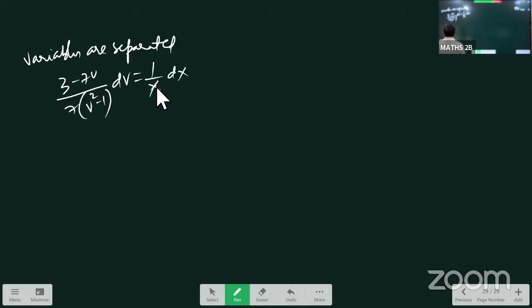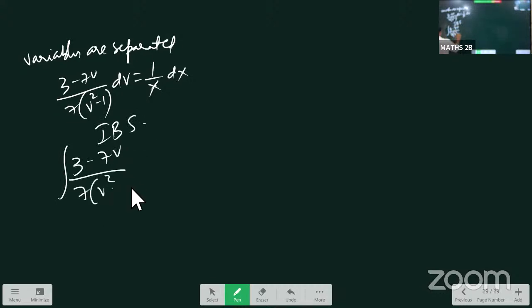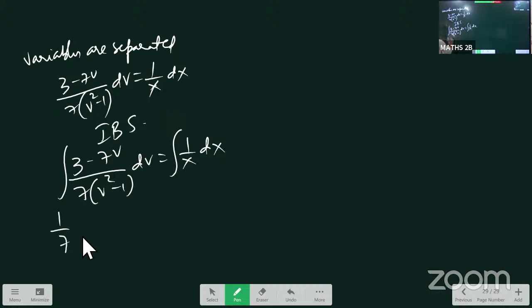(3 minus 7v) by 7 common (v square minus 1) dv equal to 1 by x dx. Integrate on both sides, integration of 1 by x dx. Still it's not over, right? After doing integration and all this stuff, again you have to go back, substituting what is v: capital Y by capital X, and what is capital Y, small y minus k, and capital X, small x minus h, right? So this 1 by 7, write it outside.